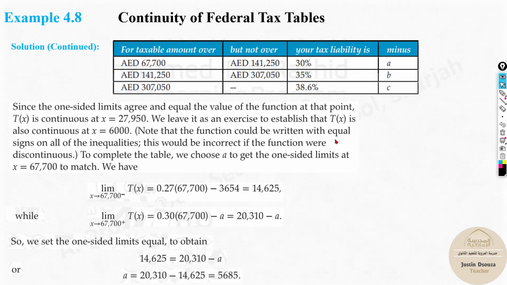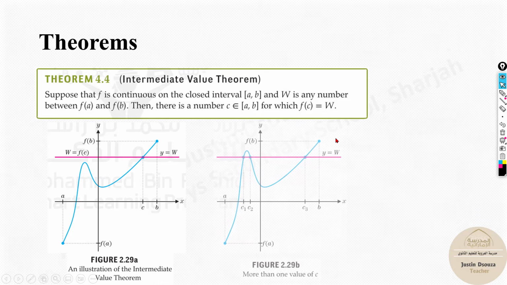So now let us continue. There's the intermediate value theorem. We will come across this in the future as well, but in simple words, I'm not going to go into detail. You have a function like this, on a closed interval from a to b.